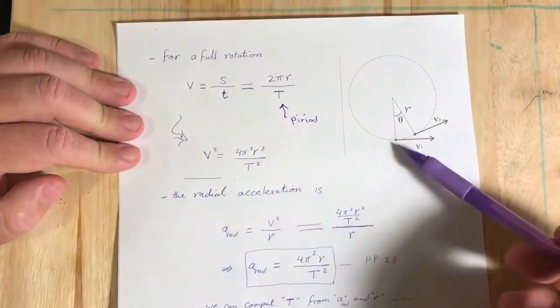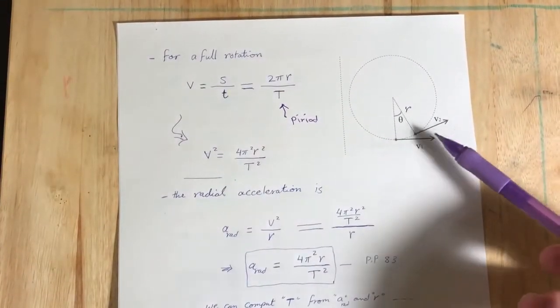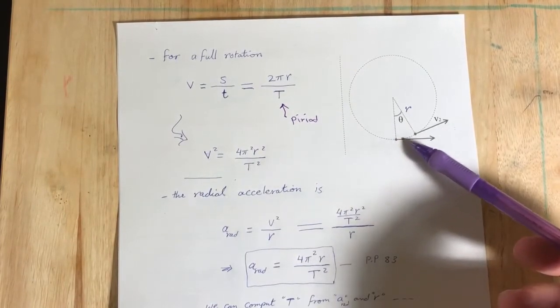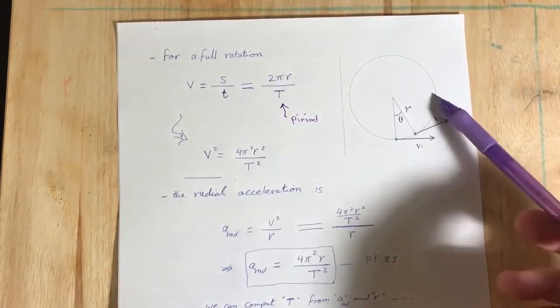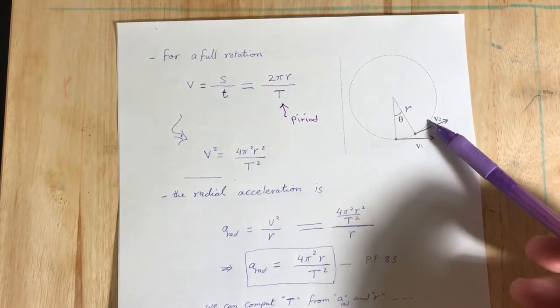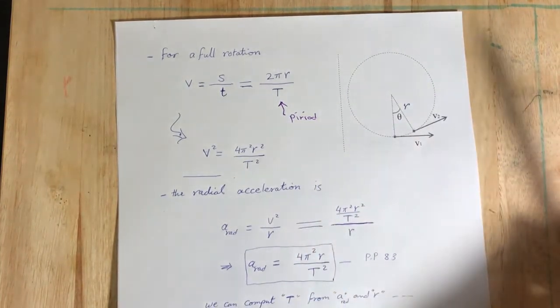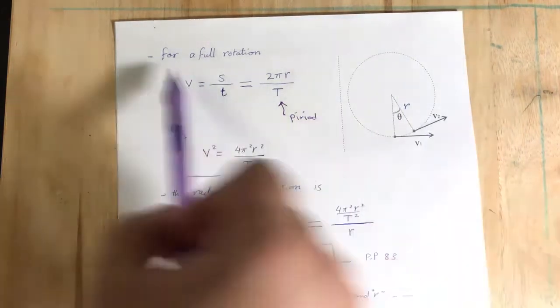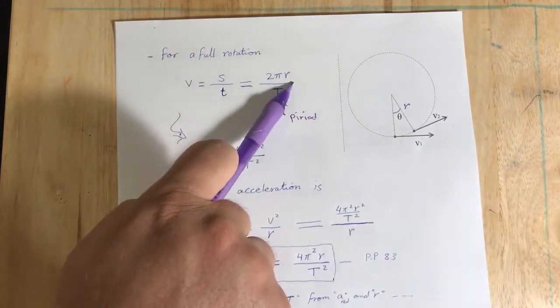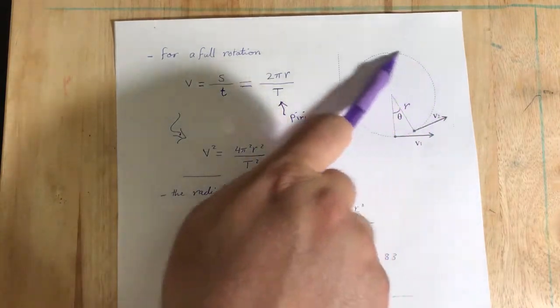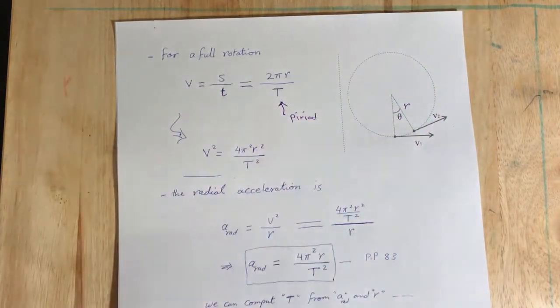So the speed, which is constant, is equal to the distance divided by the time. We know this formula. The distance s is 2 pi r, and the time is the total period, T capital.